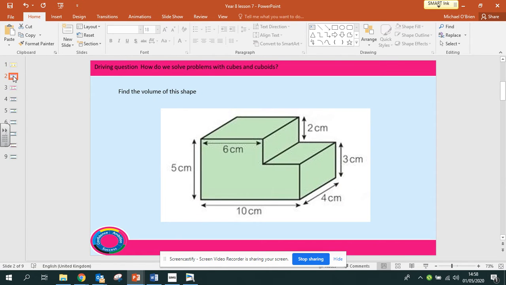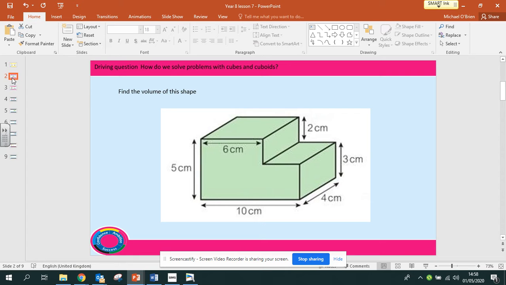Now, this first question we need to just look at and study for a minute. We've got this rather strange L-shaped shape. It's not a cuboid, nor is it a cube. But if we look carefully, we can see that it's actually made up of cubes, or cuboids rather. So the first thing that we're going to do is divide this shape up.